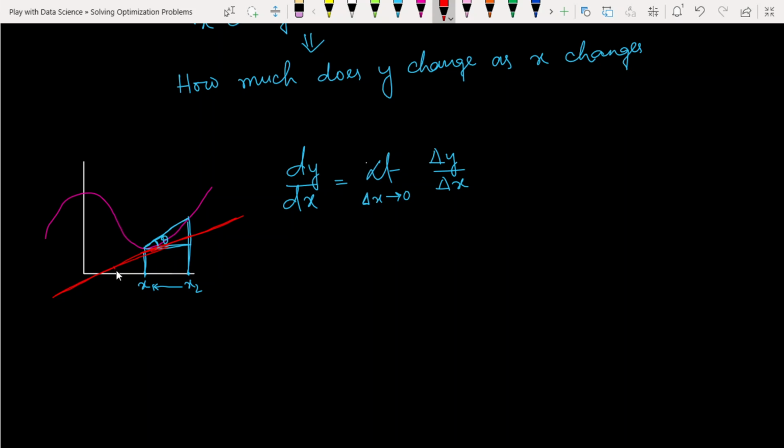If this hypotenuse makes an angle theta, then our tan theta will be dy by dx.